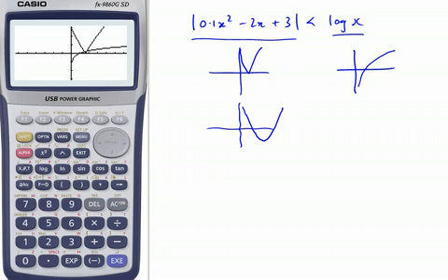It's a positive x squared, and of course we know that when we do that we're going to end up with a function where this bit will disappear and we'll be left with this section here. So we're expecting to see a function that looks like this. And we have a function that looks like that from a log.